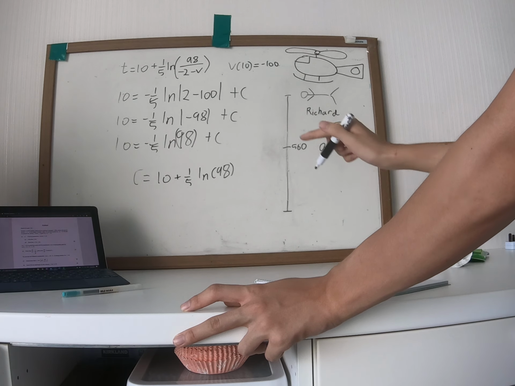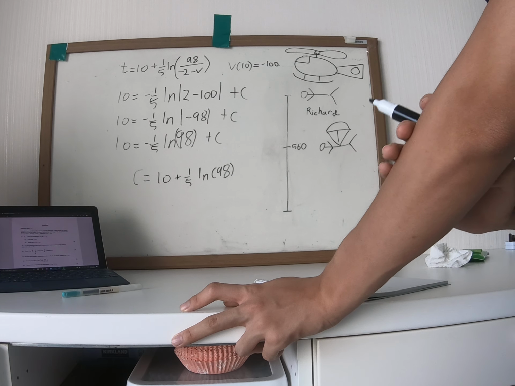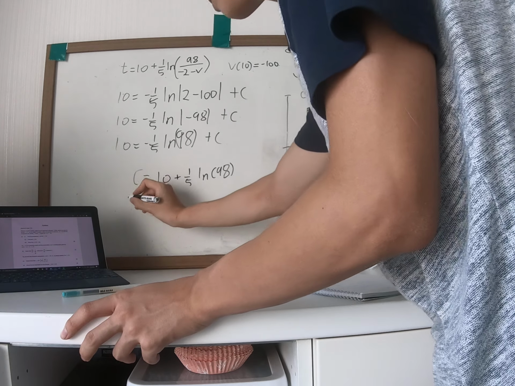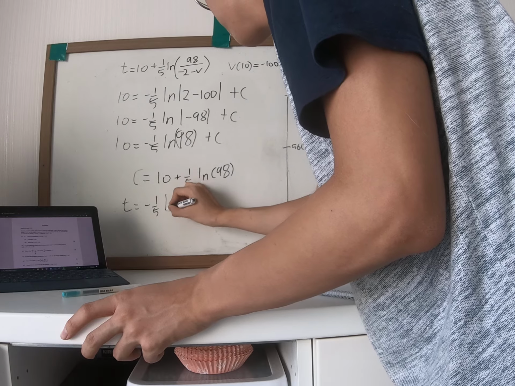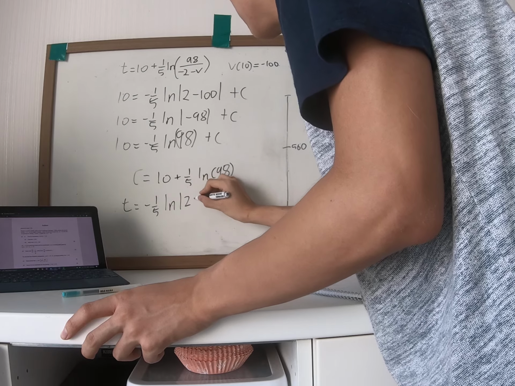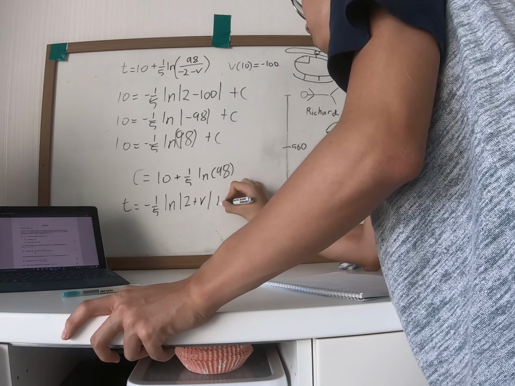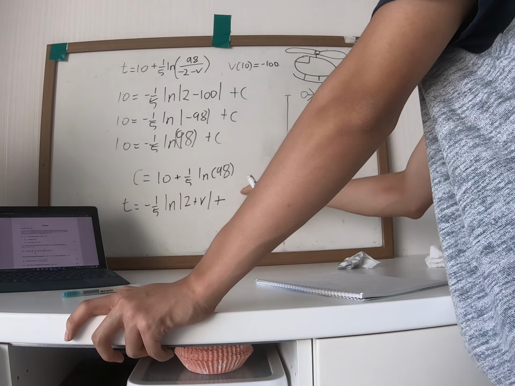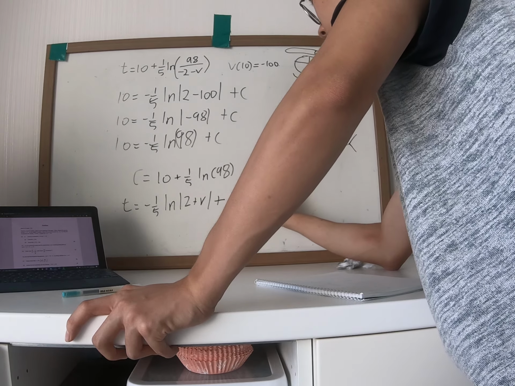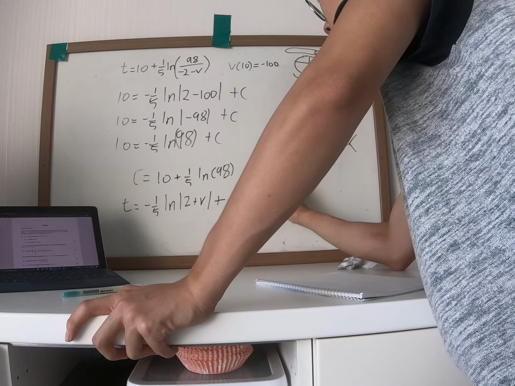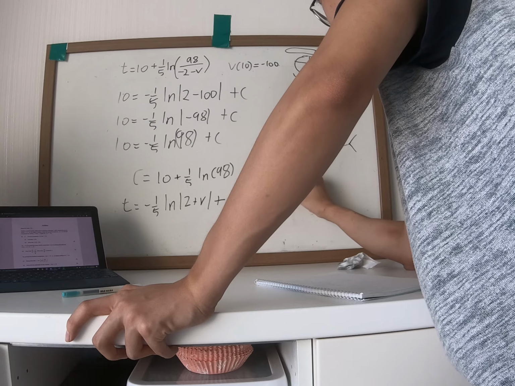Now all we have to do is bring this back to our original equation that had the c. So what we do is t equals negative 1 over 5 ln absolute value of 2 plus v, plus c. This was our original equation with the c, but now we got the c, we just add the c value in, plus 10 plus 1 over 5 ln 98.